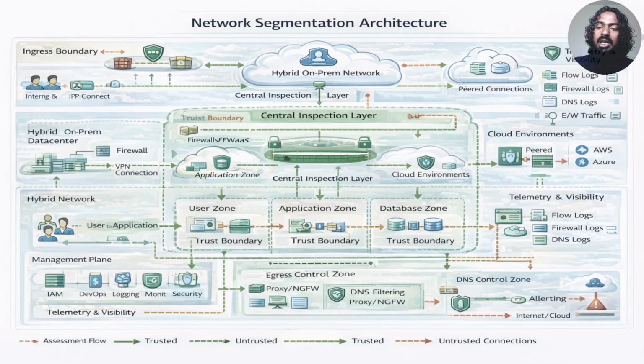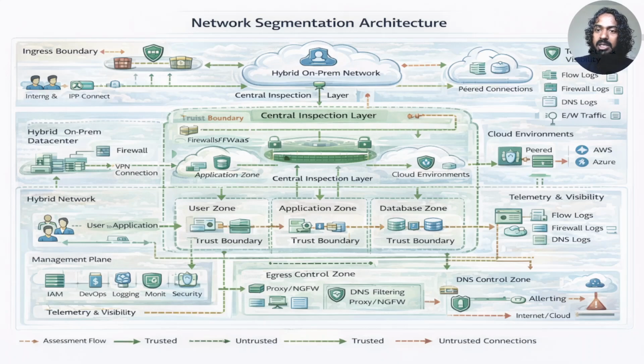So security architects don't care about individual subnets first. What we care about is, where are the trust boundaries, right? And then where does traffic actually get inspected? Where can attackers move freely, right? So this diagram already tells me more than most documents I get.